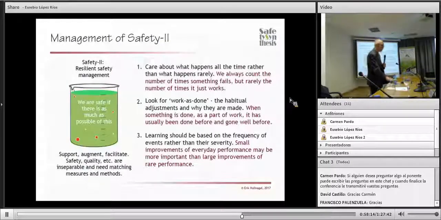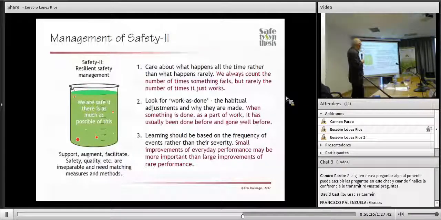So to come back to this, if you want to manage safety in the Safety-II perspective, you remember the figure I had before on managing Safety-I, and I said, if you take the glass there, the analogy is that if the glass is empty, then you're safe. Safety-II says, no, if the glass is full, then you're safe.